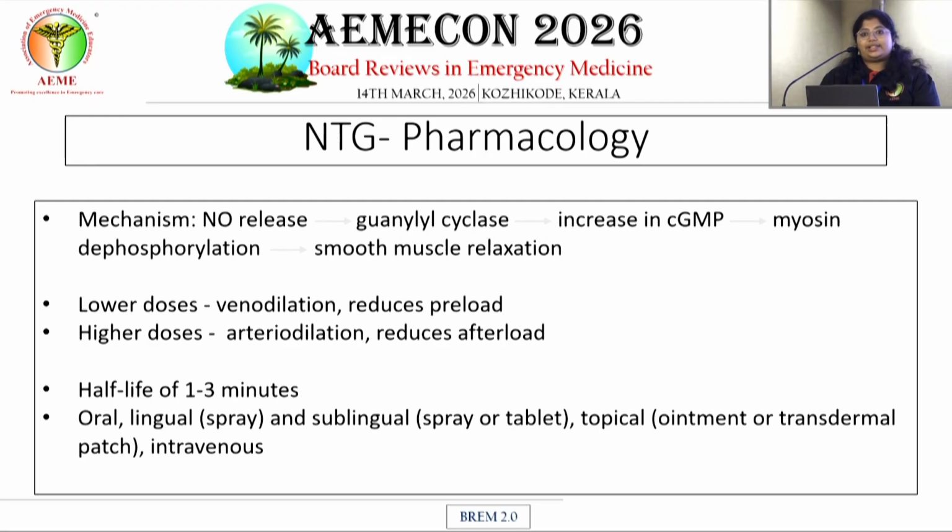At lower doses, nitroglycerin only causes venodilation and results in preload reduction. At higher doses, it also causes arterial dilation, hence reducing the afterload. Nitroglycerin has a short half-life of 1 to 3 minutes, and it is available in various formulations: oral, lingual spray, sublingual spray or tablet, topical or intravenous.